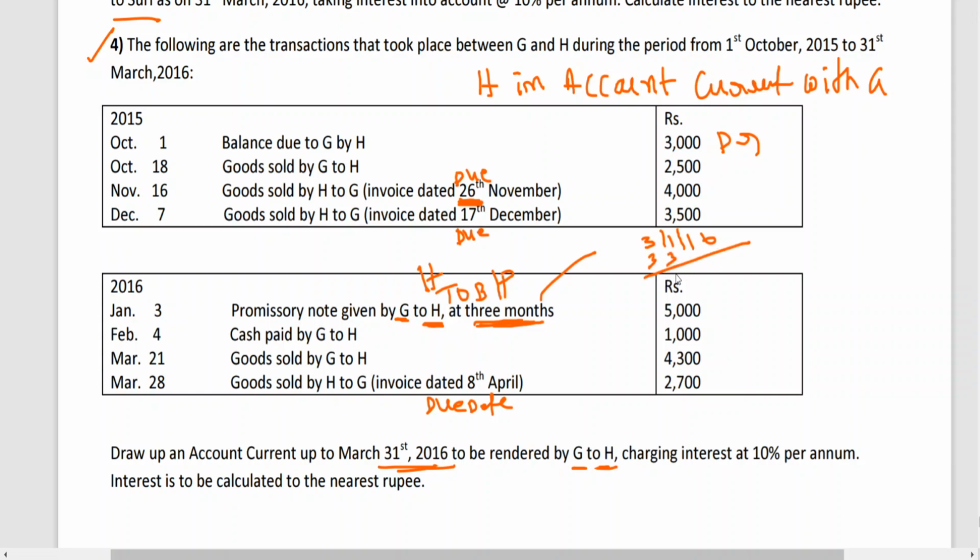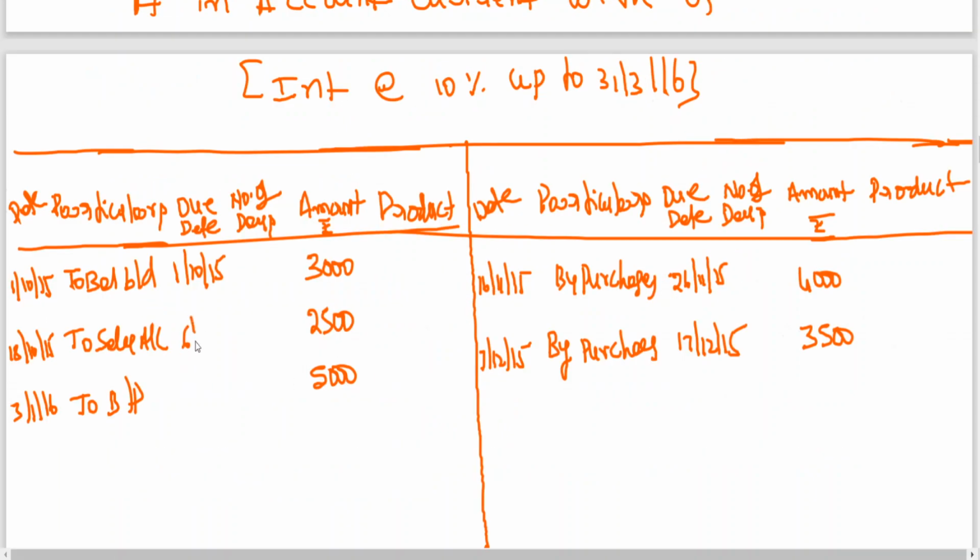It is coming to 6th April 16. 6th April 16 is after 31st March. So we are getting negative days. Clear to all of you? 6th April, sorry, 6th April 16.